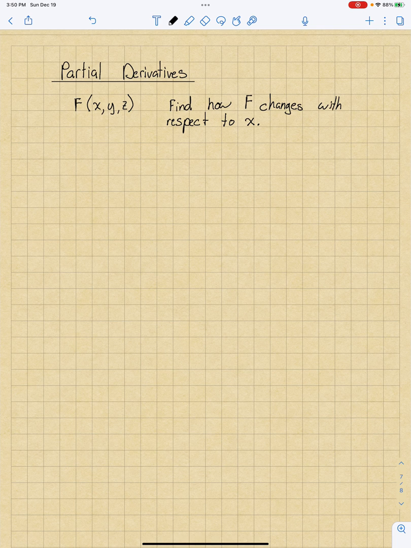And the way we denote that, our notation for the partial derivative, you'll notice that it looks very similar to our full derivative, but instead of having the straight line on our d, we now have curly lines on our d. So it's this curly d, like that.